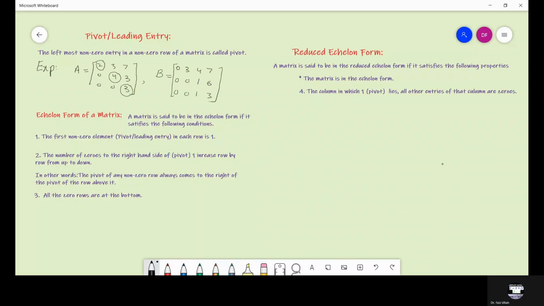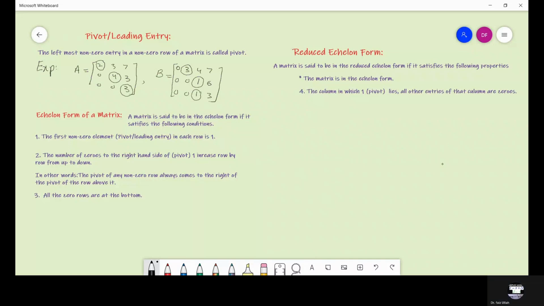In this matrix, we can see that in row 1 the first non-zero entry is 3 and that is the leading entry. In the second row, the first non-zero entry is 1 and that is the leading entry. In the third row, the first non-zero number is 1 and that is the pivot or leading entry.